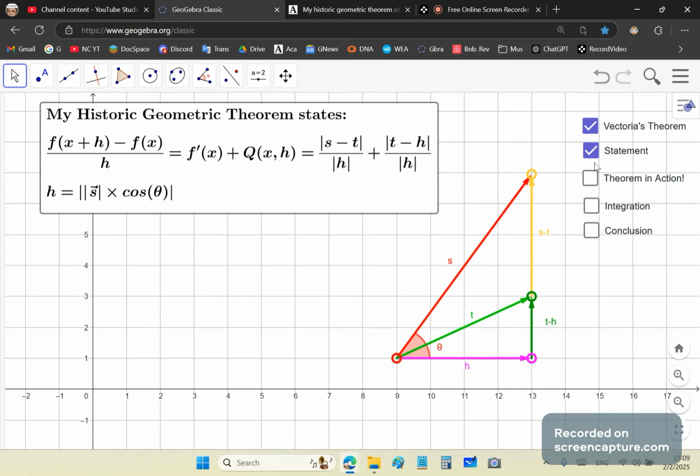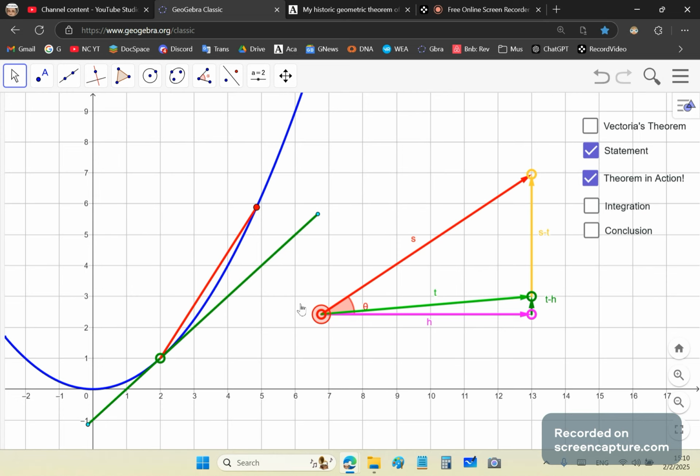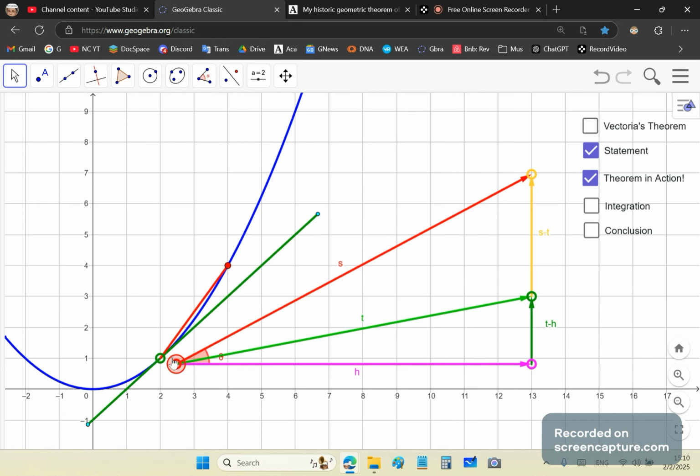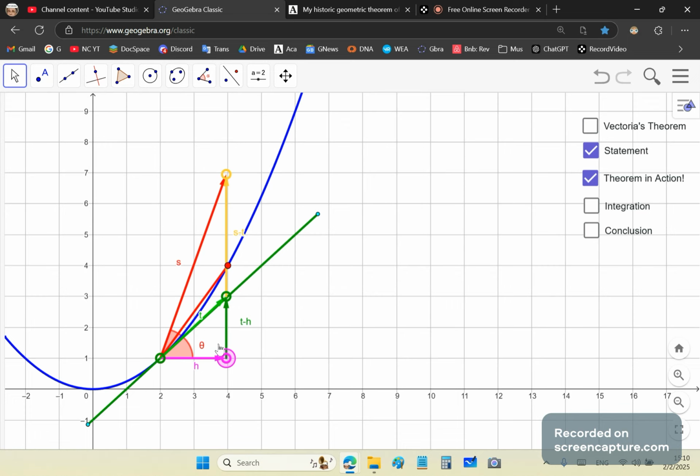And let's see the theorem in action. Okay. So it means that we can take this triangle, position it anywhere we like. Let's find a little spot here. Let's put that over there so we can have it on actual points like that. You can just simply place this anywhere on the point of intersection, move this there, and voila.